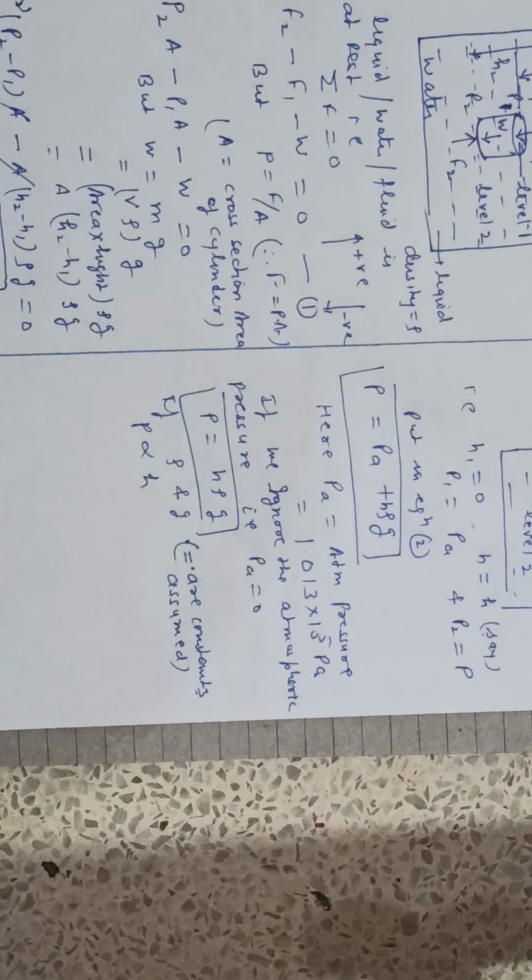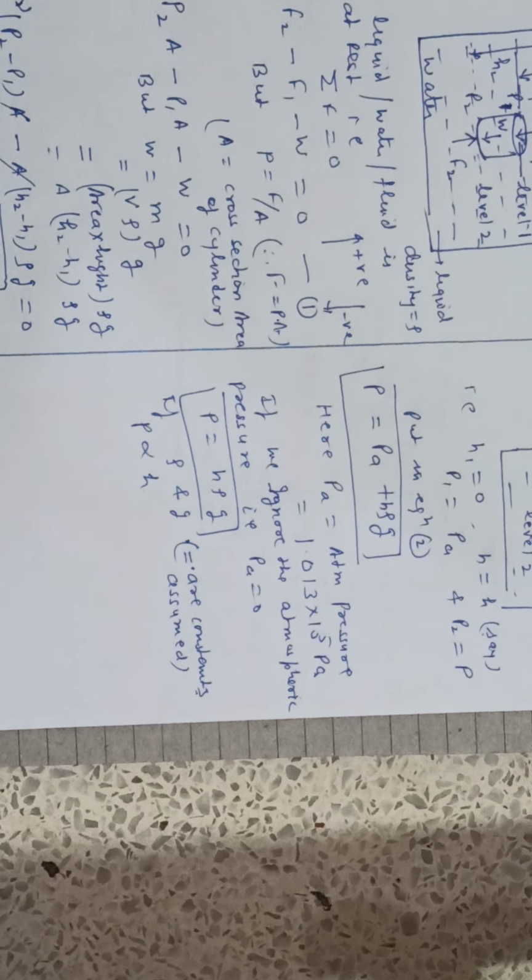So if rho is fixed and G is also constant, then pressure due to the fluid column is directly proportional to the vertical distance or height of the fluid column. This implies the height of the fluid column is more important to decide the pressure, not the cross section area or base area or even the shape of the container.